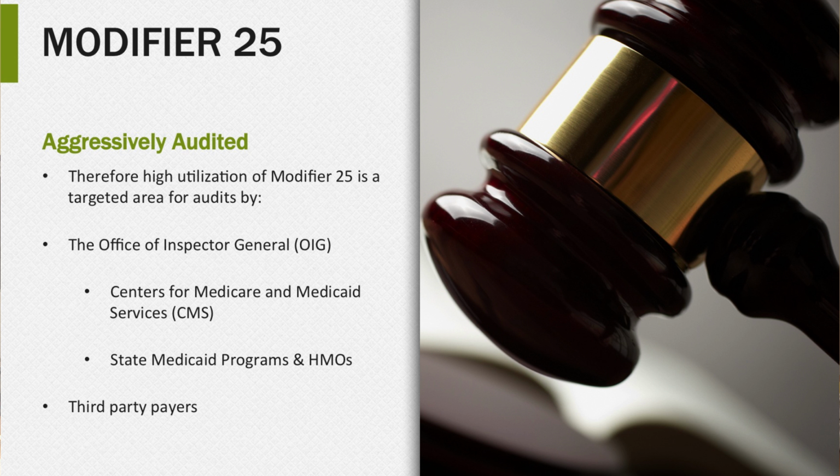Since the utilization of Modifier 25 provides additional reimbursement, high utilization of this modifier will get you on the carrier's radar screen. Currently, the Office of Inspector General, Medicare, Medicaid, and third-party payers are aggressively auditing providers who have a high utilization of Modifier 25. So let's take a look and make sure we get it right.